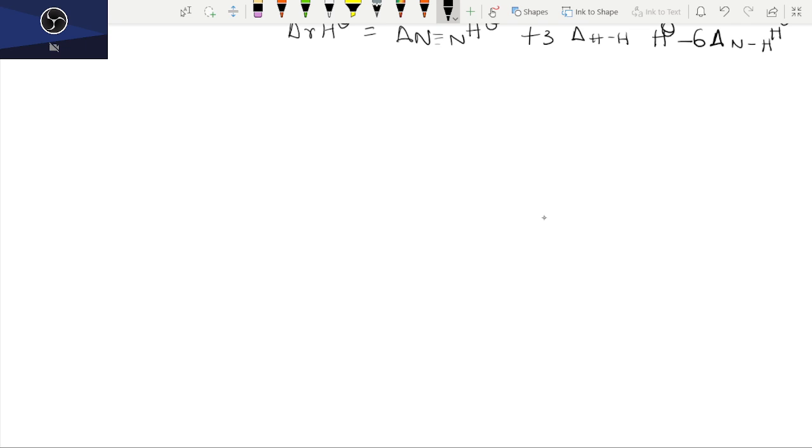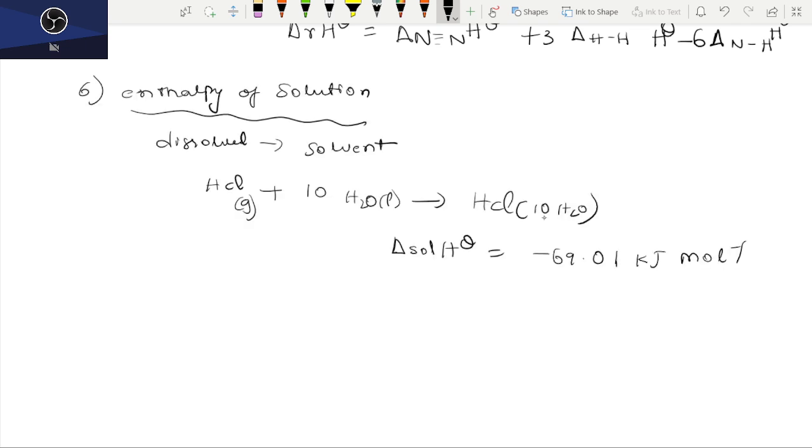Because it is solution related enthalpy. Hence delta solution H power naught is equal to minus 69.01 kilojoules mole inverse.